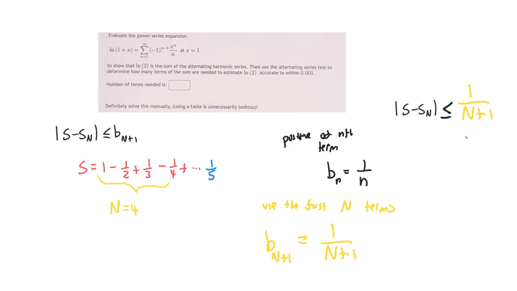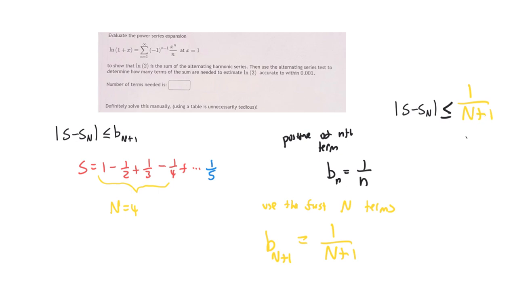We want the approximation to be accurate within 0.001, so we want an error that's less than 0.001. At most, the error is going to be 1 over capital N plus 1.